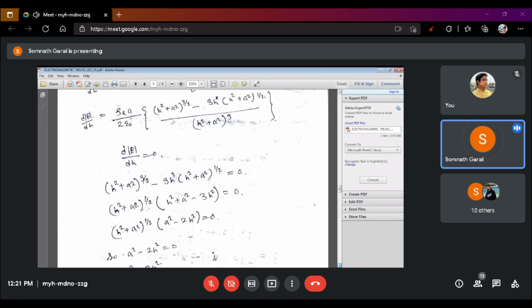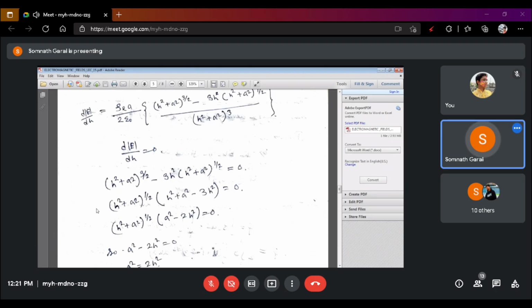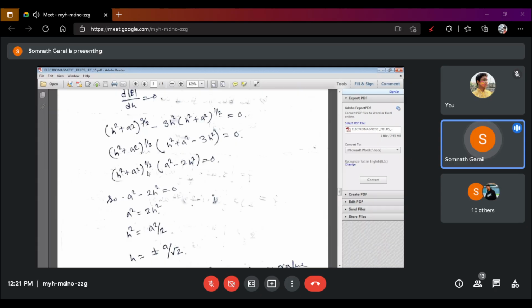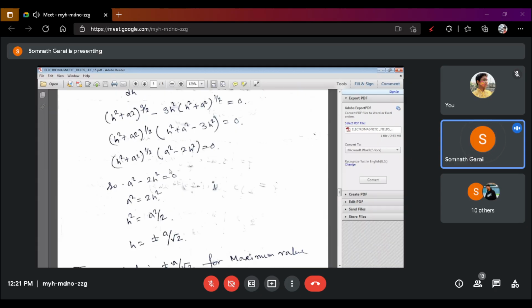Now, take common from these two, that is (H square plus A square) to the power half. So (H square plus A square) to the power half into (H square plus A square minus 3H square) is equal to 0. So (H square plus A square) to the power half into (A square minus 2H square) is equal to 0.